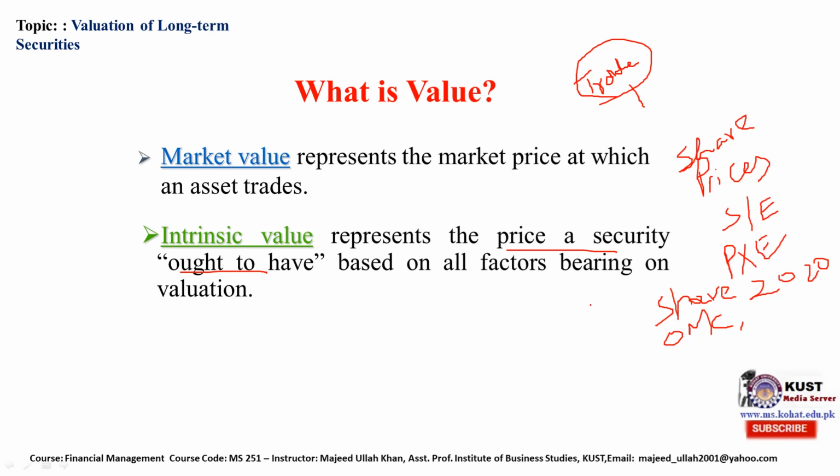So the market value might be high or might be low, but to decide what should be the value of the oil companies, we will consider these things: earnings of the oil companies, dividends of the oil companies, growth of oil companies in future.